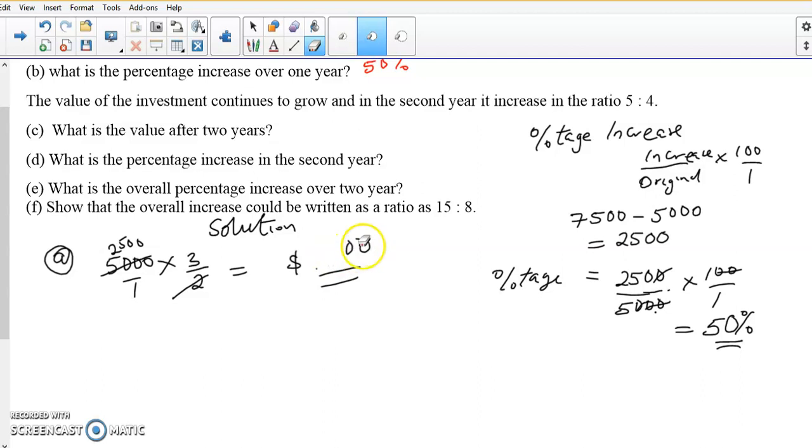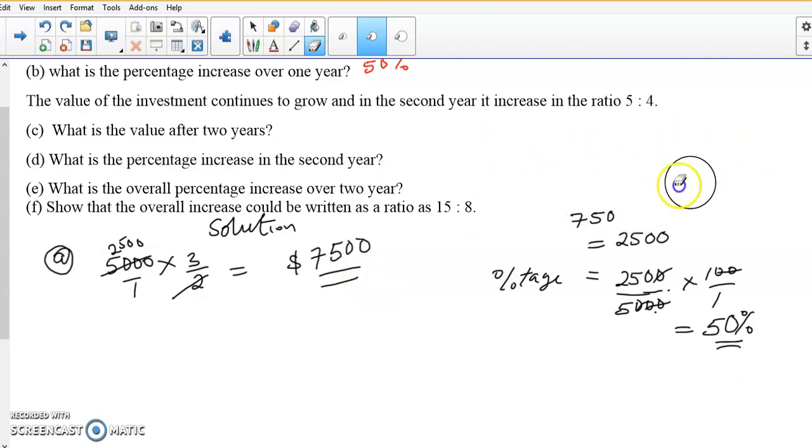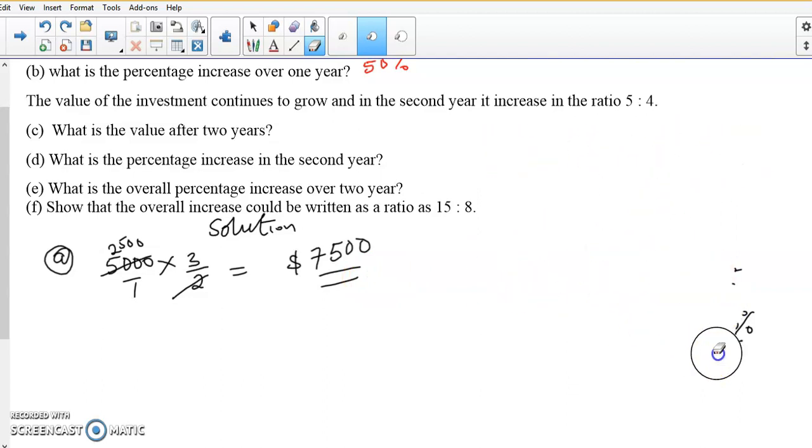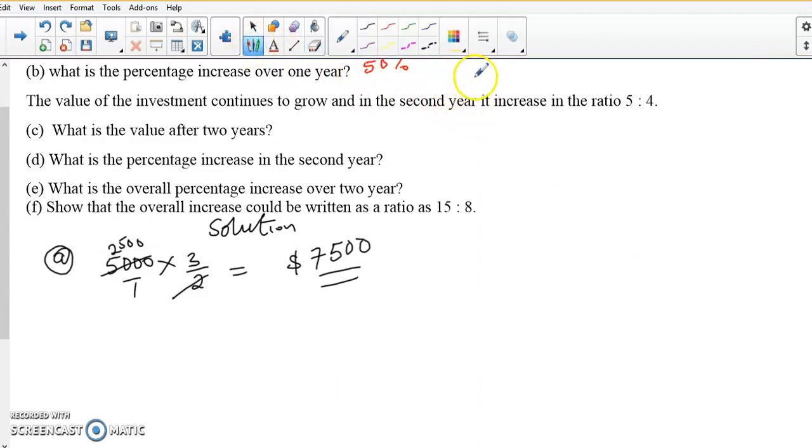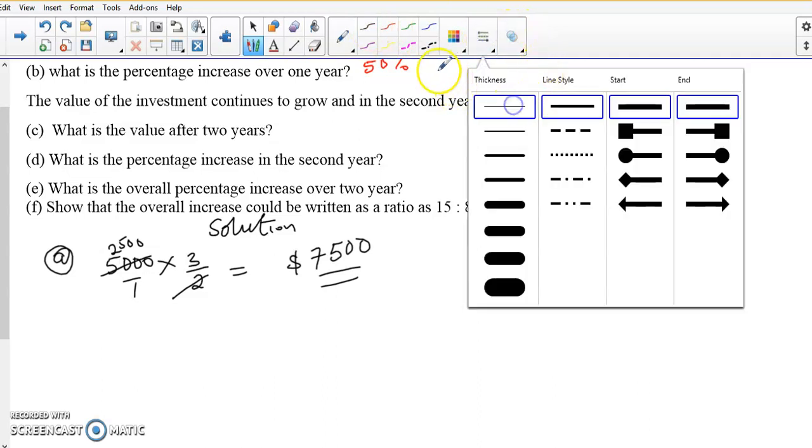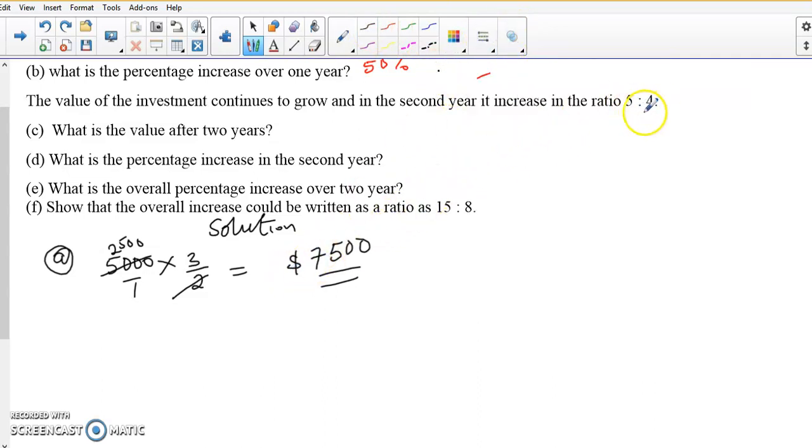Now you know that this is the ratio for the first year. Okay, let me wipe off this. This is the ratio for the first year. So the second year it will still increase with the ratio of what? 5:4 in the second year.